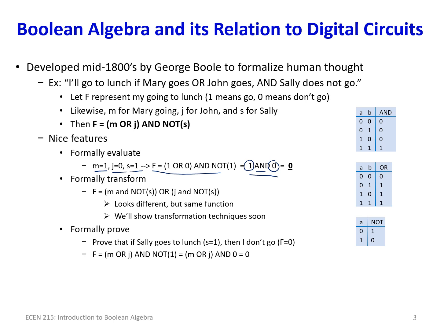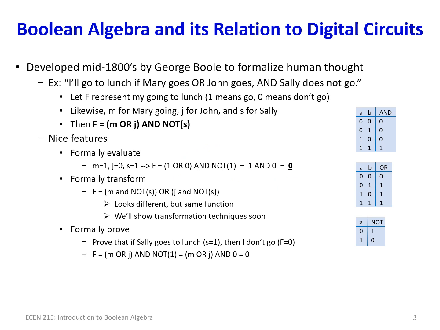This right here is the 1, and this represents a 0. Let me clean this up a little bit. So 1 and 0 represents this part, and the not 1 represents this part, and you end up with a result of 0. So therefore, you're not going to lunch. It's very formal in its evaluation.